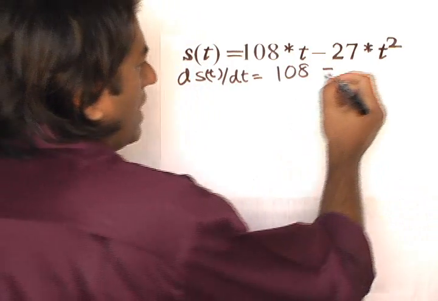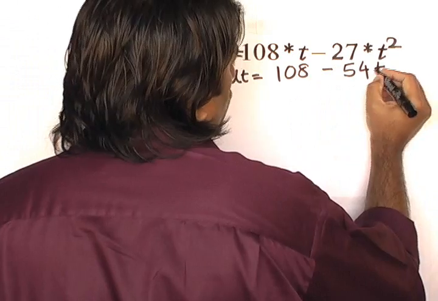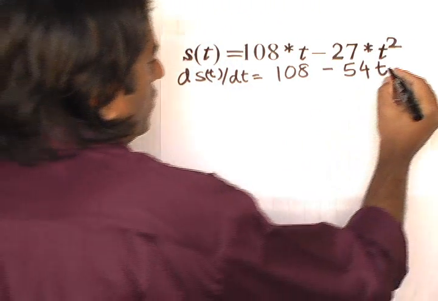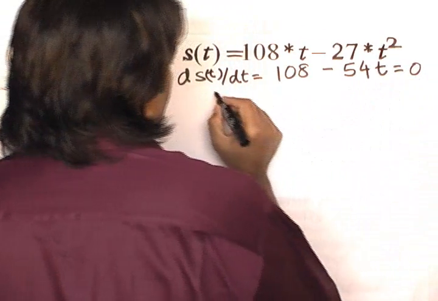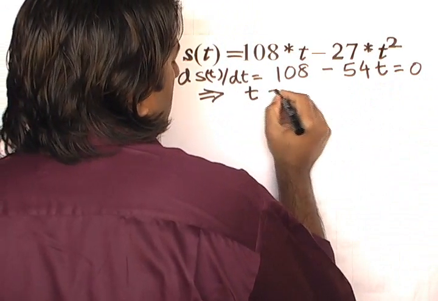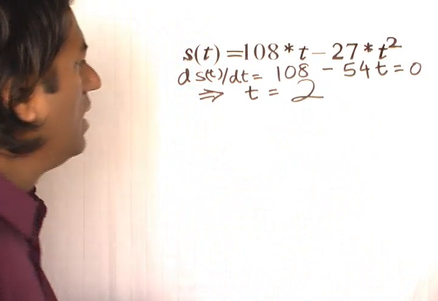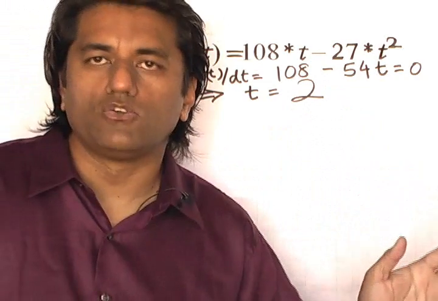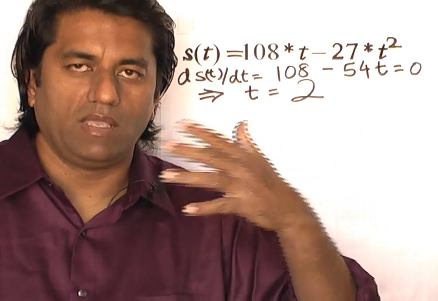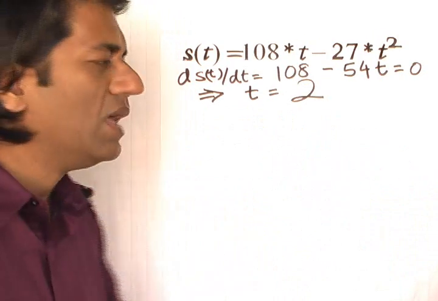So this is going to become minus 54 into t. And if you set that equal to 0, it gives you that t equal to 2. So t equal to 2 is either a maxima or a minima at time equal to 2 hours. That's when your speed reaches either a maxima or minima.